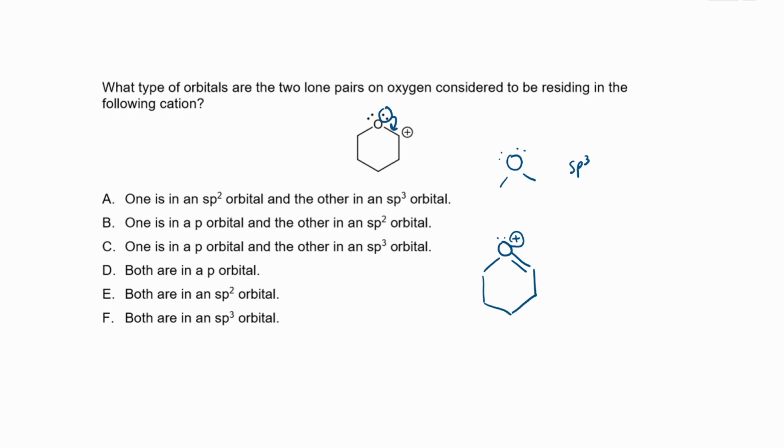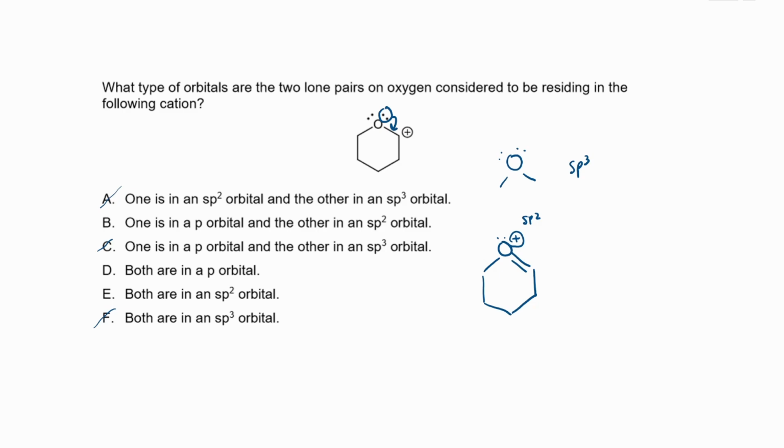And remember, when we are looking at any type of orbitals, always look at the lowest hybridized orbital. So in this case, this is sp3, but in this resonance structure, this is sp2. sp3 is incorrect, so I'll just remove every single one that says sp3. And you can see that only 1 pair of electrons moved.